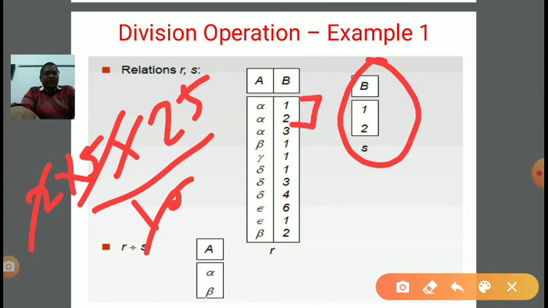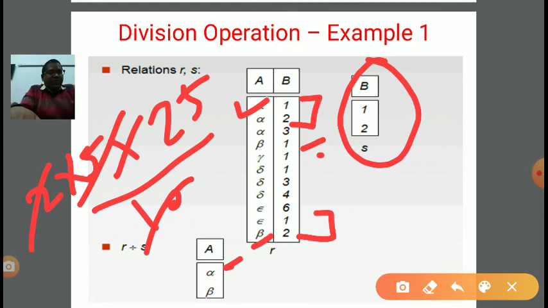So 1, 2, if you see, corresponding to 1, 2, what is the value? Alpha. Corresponding to 1, 2, what is the value? Beta. Clear? So corresponding to 1, 2 beta is there, corresponding to 1 beta is there. First we need to check the B value. In B values 1, 2, the corresponding A value should be the same. So the corresponding A value that is the same is alpha, and beta, it means it will be picked.